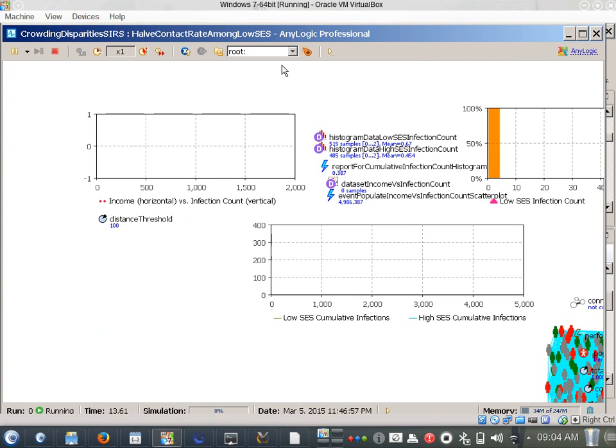So not only has the low SES been benefited, do you remember when we looked at the very first scenario this morning? The low SES was lower, but the medium one was still high. But now we've pulled everyone with this. We've intervened on a big enough group that we've actually been able to snuff the infection out for everyone.